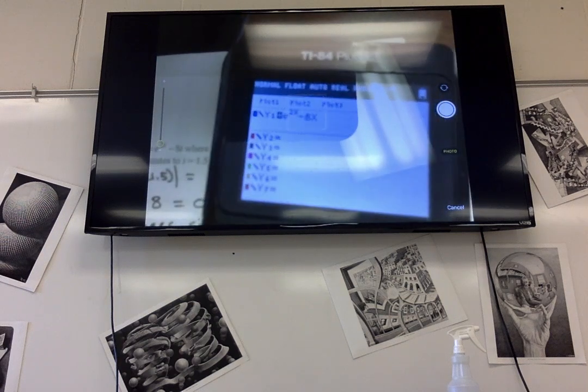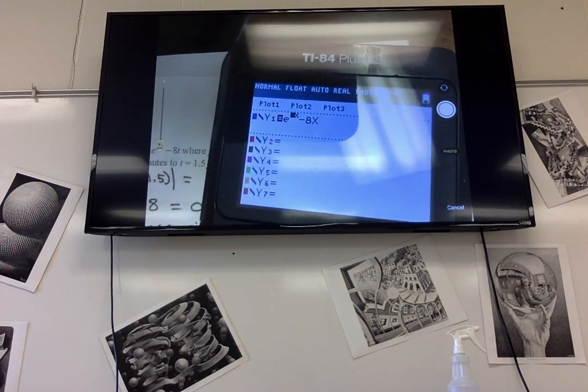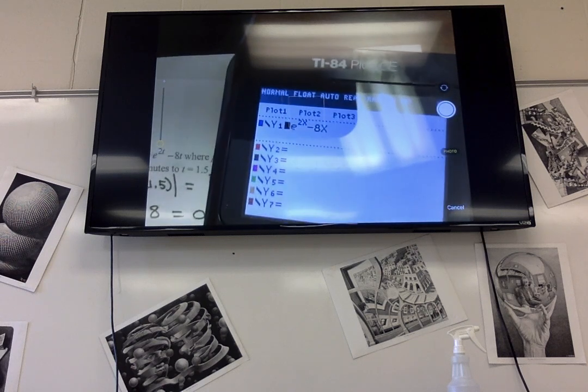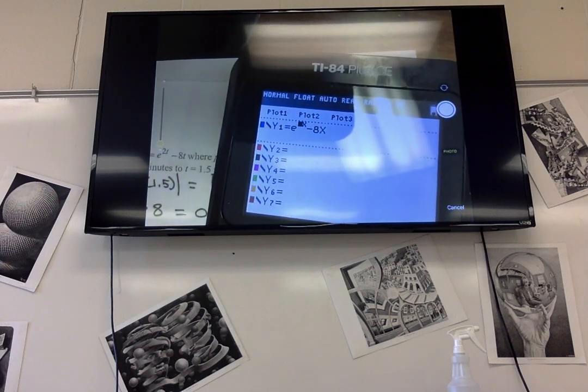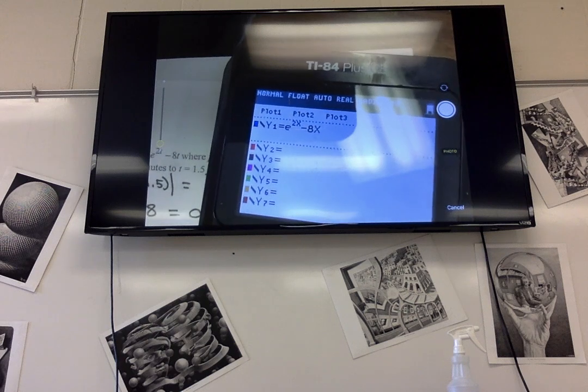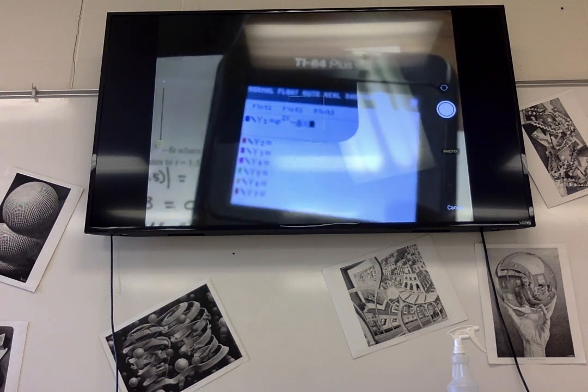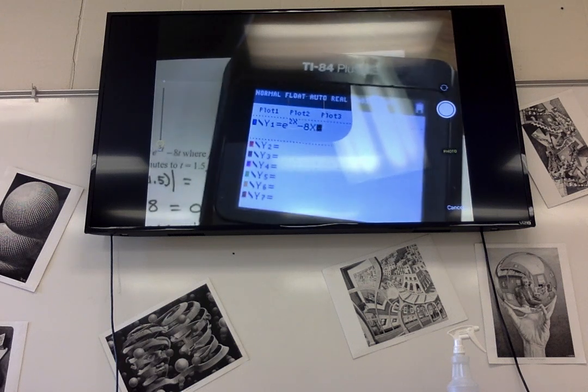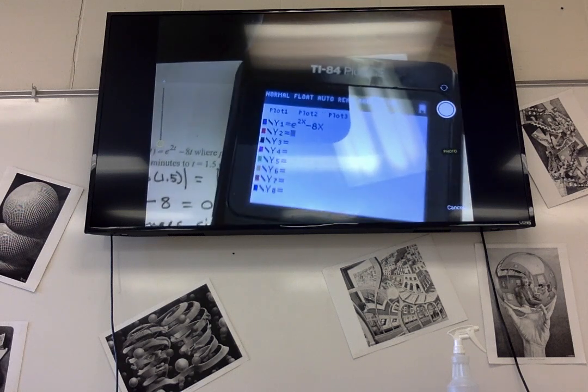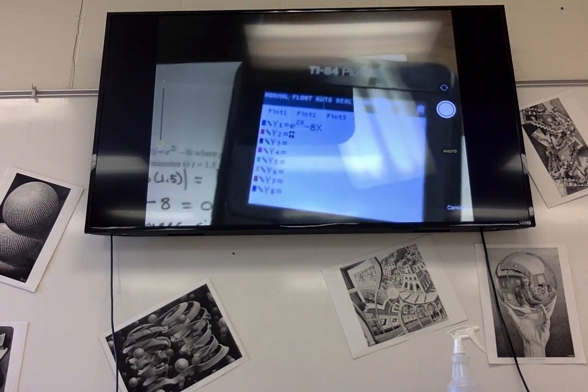Normally it looks like that. If you cursor on top of the equal sign and hit enter, the equal's no longer highlighted, which just means when I graph it, y1 won't graph, because I only want my velocity to graph.